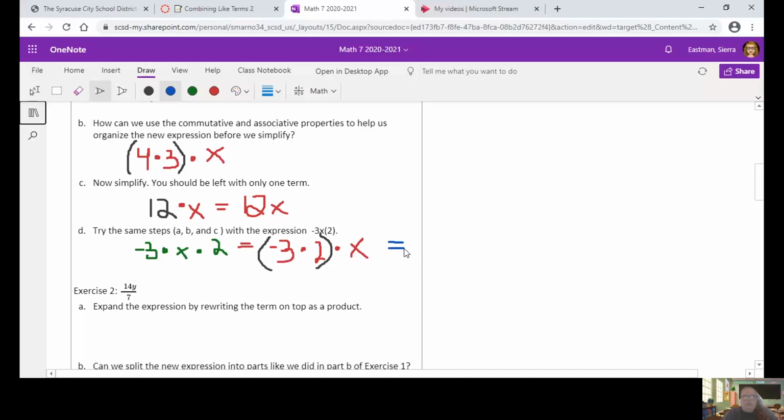My last step is to actually multiply. -3 times -2 gives me a 6. And then I still have that x variable that I can't quite combine with that coefficient. So I leave it there.